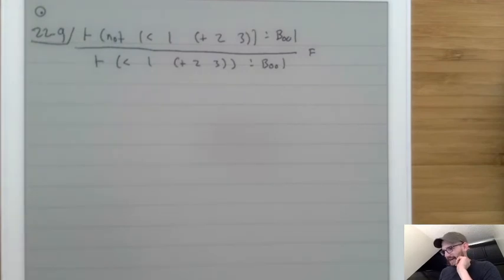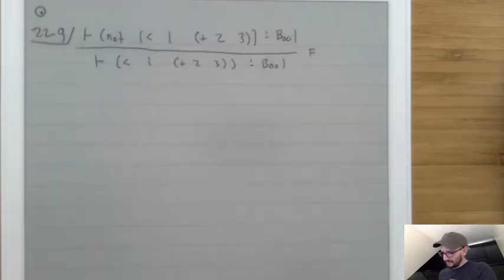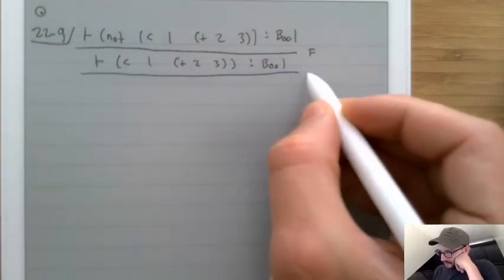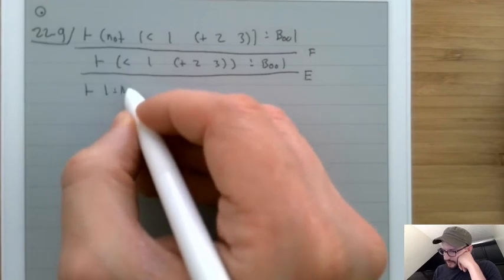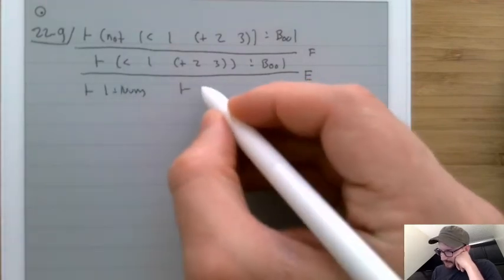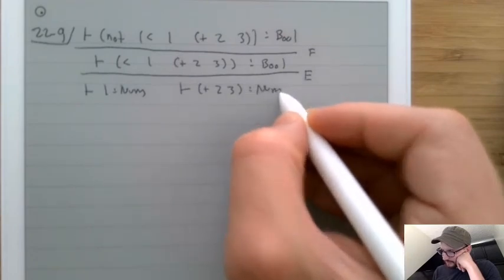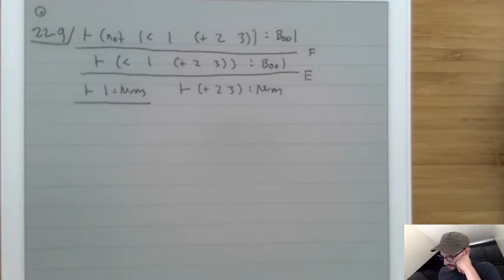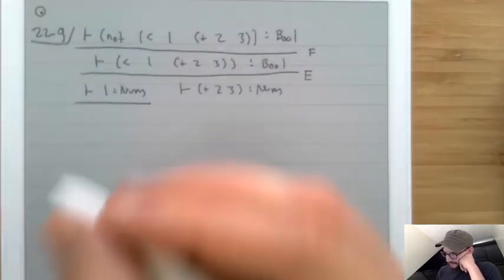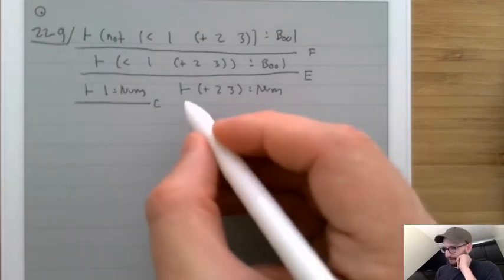And we can predict that via rule E, if we can predict that 1 is a number, and we can predict that plus 2, 3 is a number. Well, we can predict that 1 is a number using rule C, and there are no additional conditions, so we're done there.